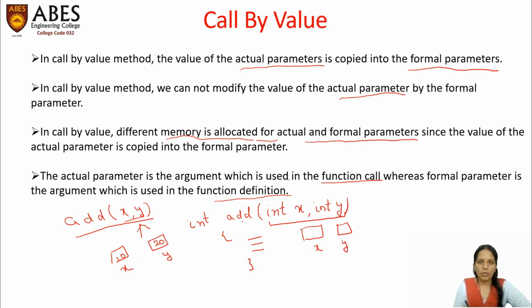We are copying the value of x, which is 10, into this parameter, so they are different memory locations. I hope this point is clear. Different memory is allocated for the formal parameters since the value of the actual parameter is copied. We are just copying the value from one parameter to another; though they have the same name, the memory will be different.